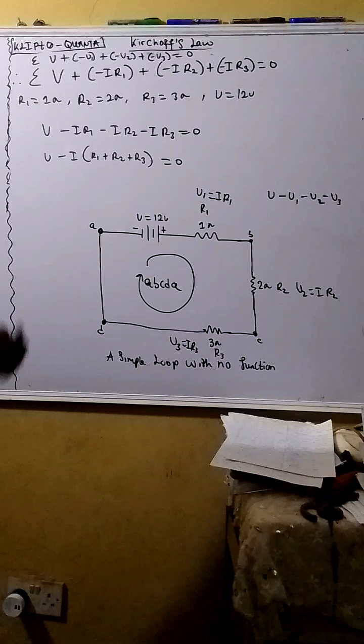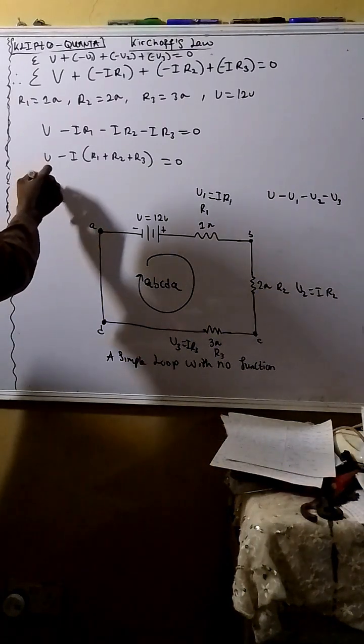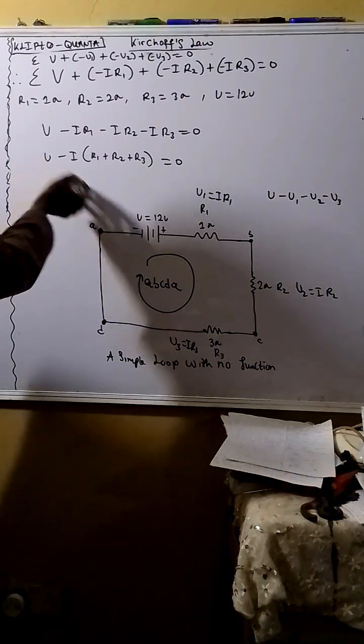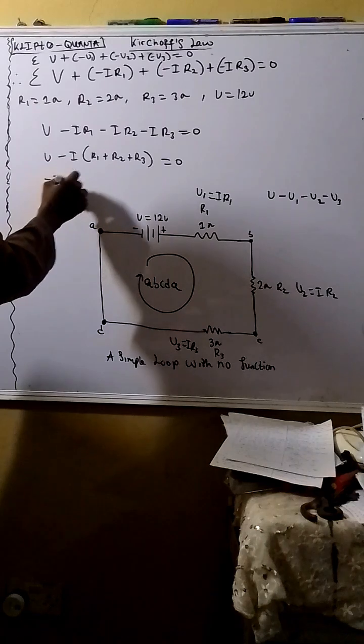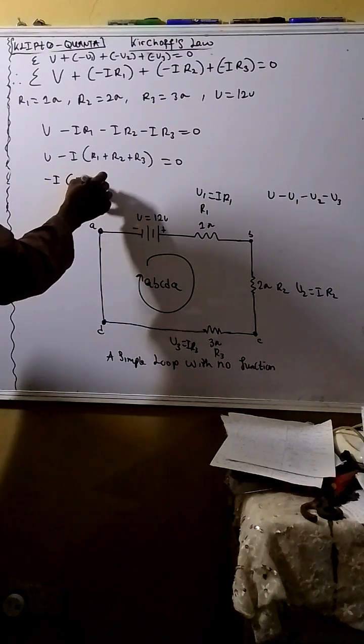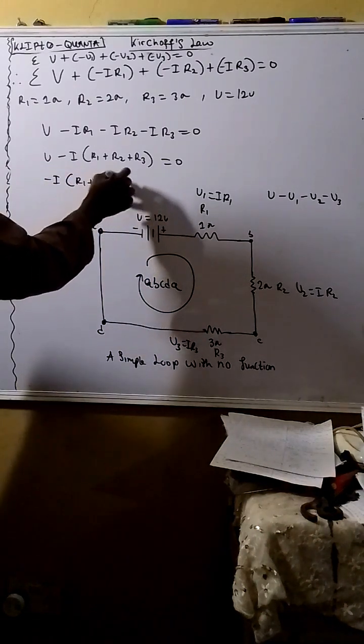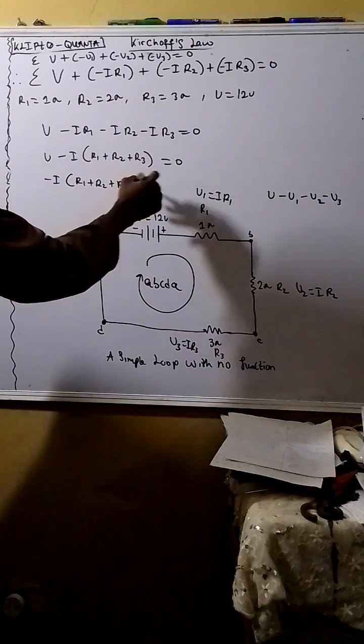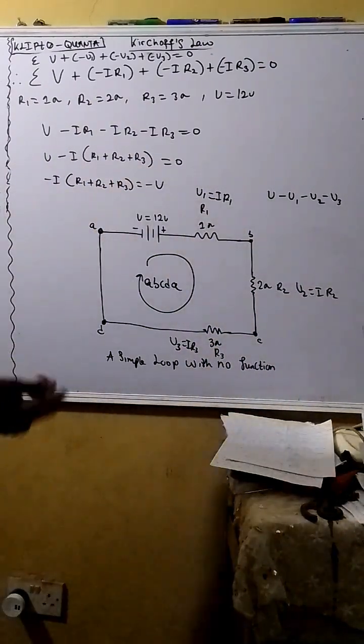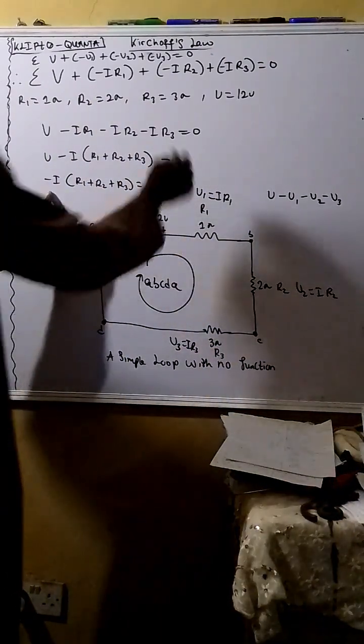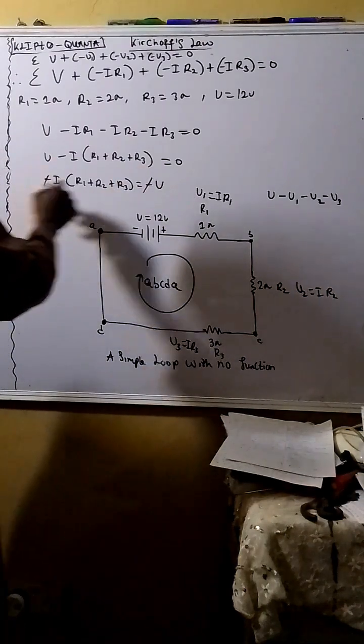So at that point we know our V, so you can say negative I into brackets R1 plus R2 plus R3 is equal to negative V. Then negative cancels out negative.